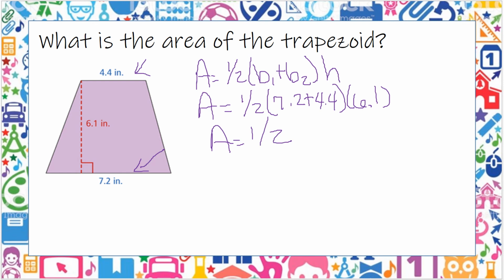So 7.2 plus 4.4 is 11.6. You're going to multiply that by 1/2 and get 5.8.